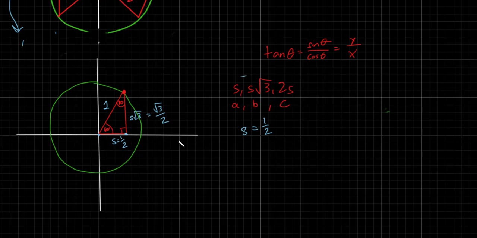Okay. So then, Sebastian, what's this point right here? How far over did I go in the x direction? Yep. And how much did I go up in the y direction? Square root of 3 over 2, yep. It's not the same point as above, we just switched x and y.